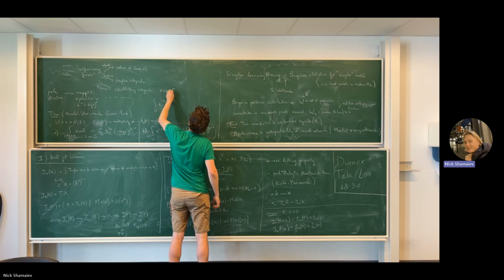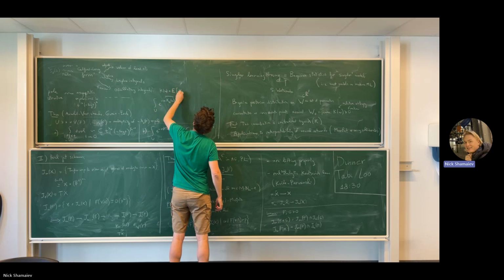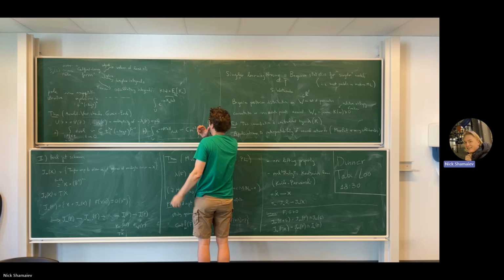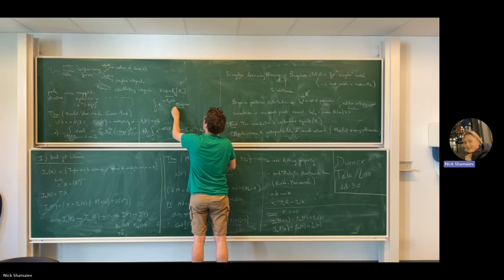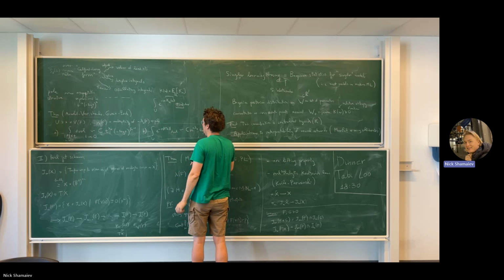This function k is basically an expectation of kn over all possible data sets. It's what's called the population loss function. You have integrals of this kind, where this is the prior distribution.